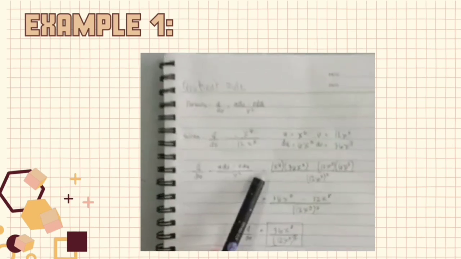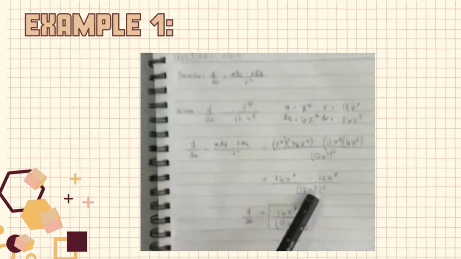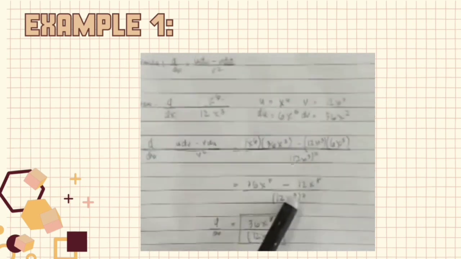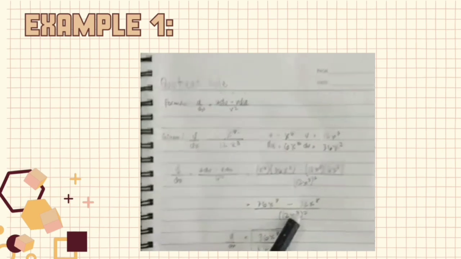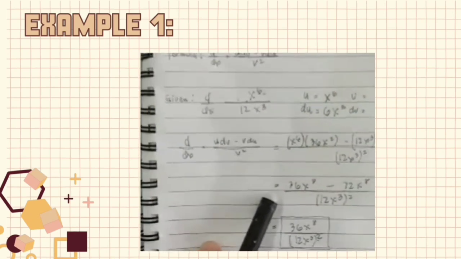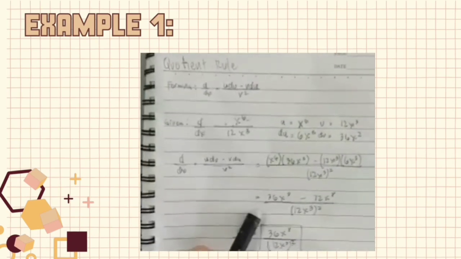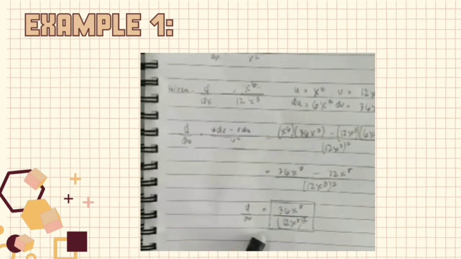Substitute: x raised to 6 times 36x squared minus 12x cubed times 6x raised to 5 over 12x cubed squared is equal to 36x raised to 8 minus 72x raised to 8 over 12x cubed, is equal to 36x raised to 8 over 12x cubed.